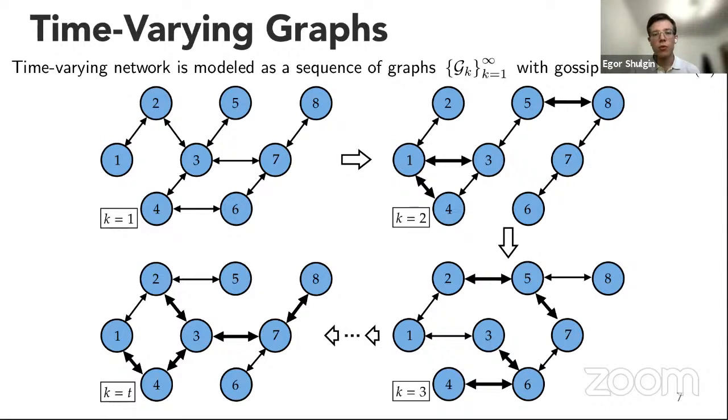Mathematically, a time-varying network is represented by a sequence of graphs where every G_k is just a connected, undirected graph with a certain gossip matrix W_k. So we work in the same setting, but this graph can change on every iteration.